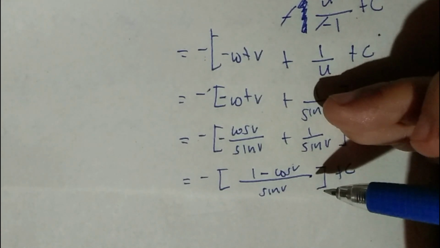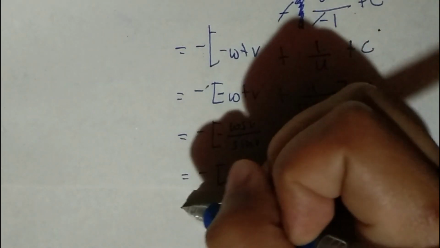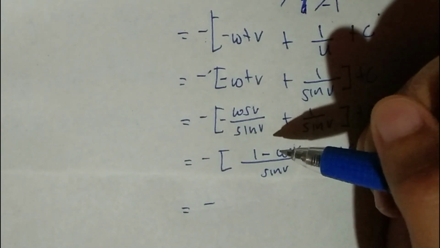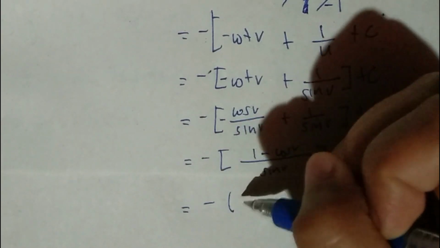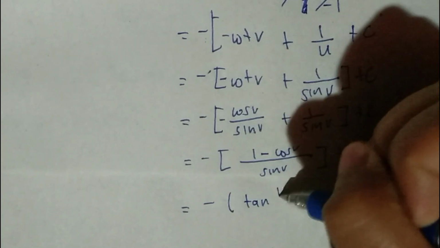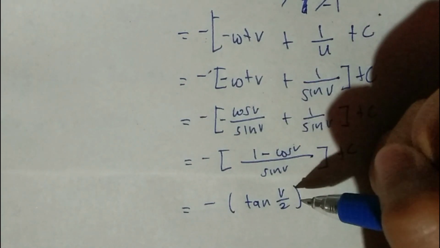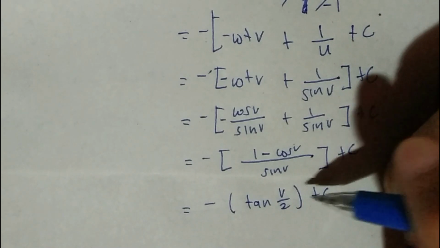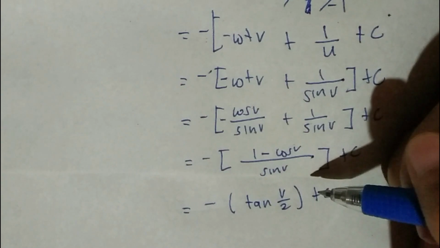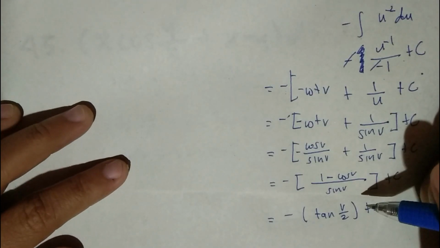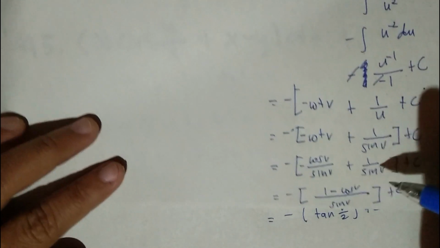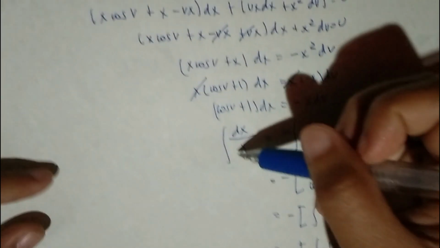And with this, we know that (1 − cos v) over sine v is actually tan of v over 2, plus c. This is based on the identities. So with that, we have this as the simplified version. So we will now integrate the other side, this one.